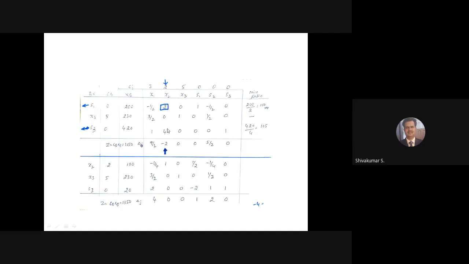So 2 by 2, 1, minus half by 2, minus 1 by 4, 200 by 2, 100, 1 by 2, minus half by 2, minus 1 by 4, 0. So you got these values, I hope, because to make the pivot point 1, you are dividing the entire row by 2.